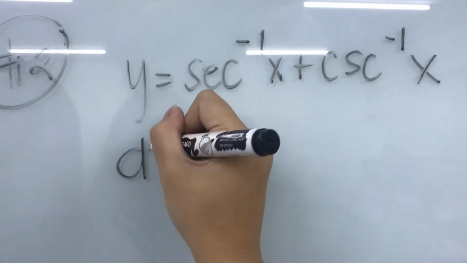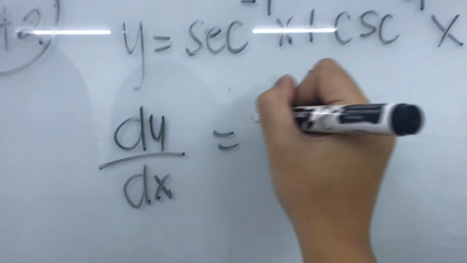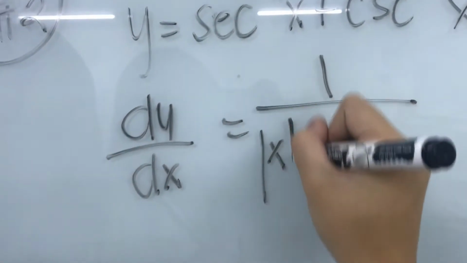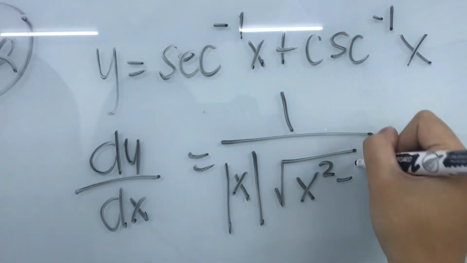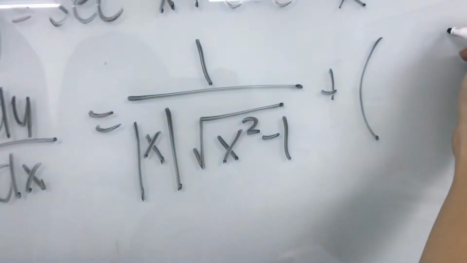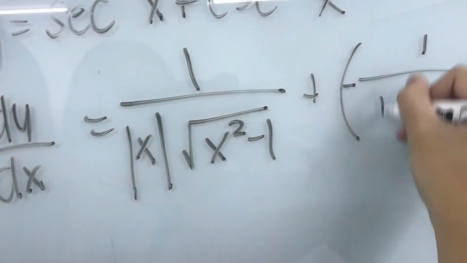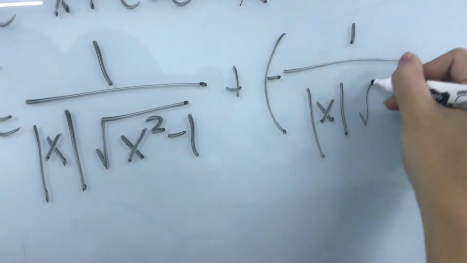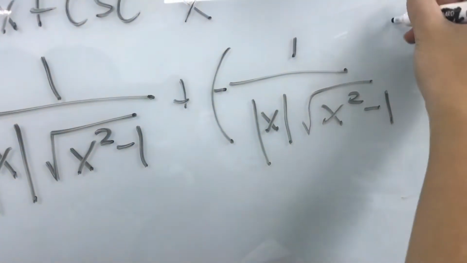So dy over dx, the derivative, is equal to 1 over the magnitude of x multiplied by the square root of x squared minus 1 plus the quantity of negative 1 over the magnitude of x multiplied by square root of x squared minus 1.